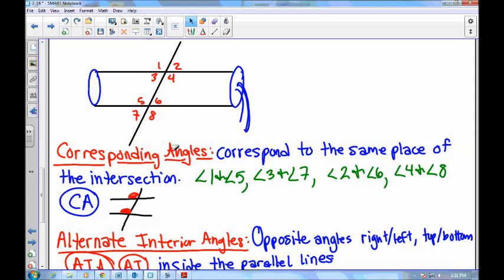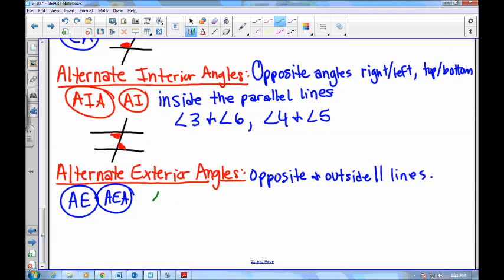So please find 2 and, good, you guys are already on top of this. 2 and 7, yep, and then what's the other pair going to be? 1 and 8, great, good job. So let's write those down. Angle 2 and angle 7, angle 1 and angle 8. And they do pair up just like that.